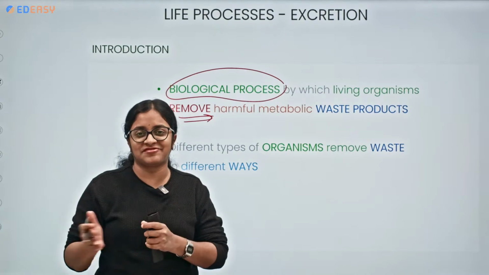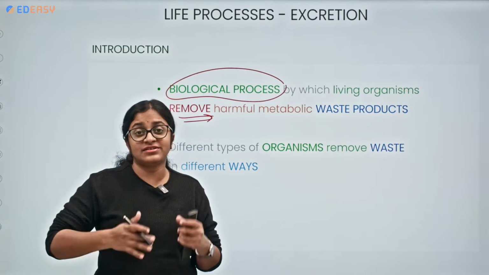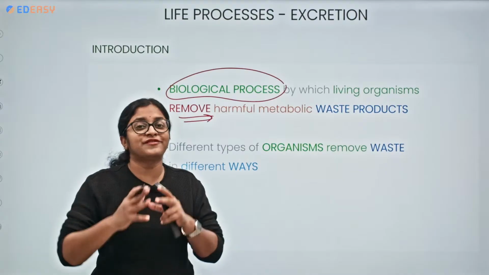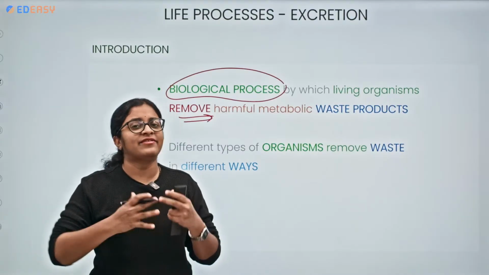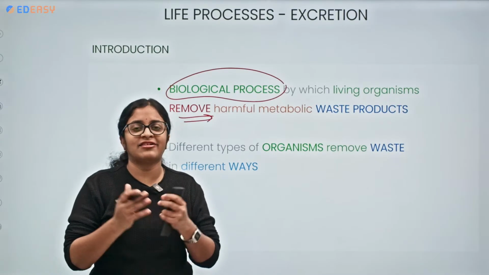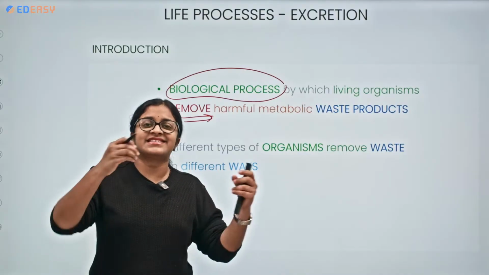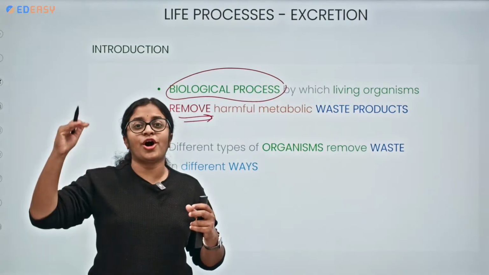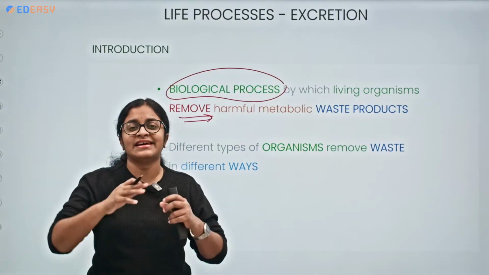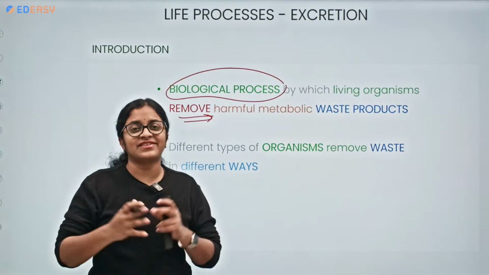Or do you think it is different? Of course, it should be different. The process of excretion is not the same with respect to all the kinds in our biological world, on our planet Earth. Starting from unicellular to complex multicellular organisms, there is variation within living organisms.